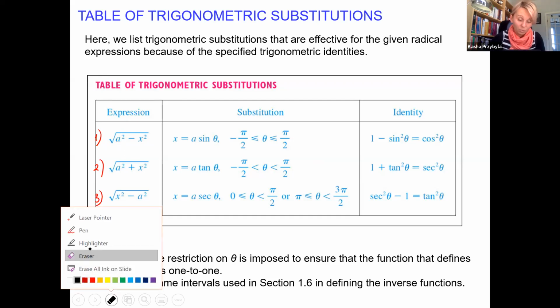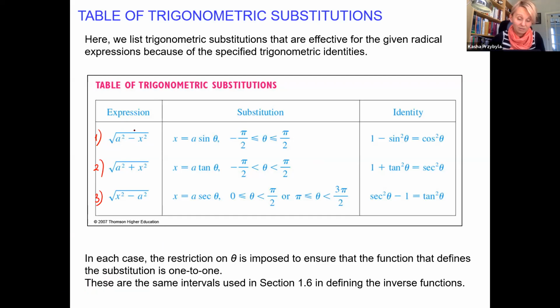It would be nice if it were a square quantity, like 1, 4, 9, 16, but that doesn't matter. Even if it's different, we can still work it out. You will see a constant minus x squared. Then you will always do this substitution.